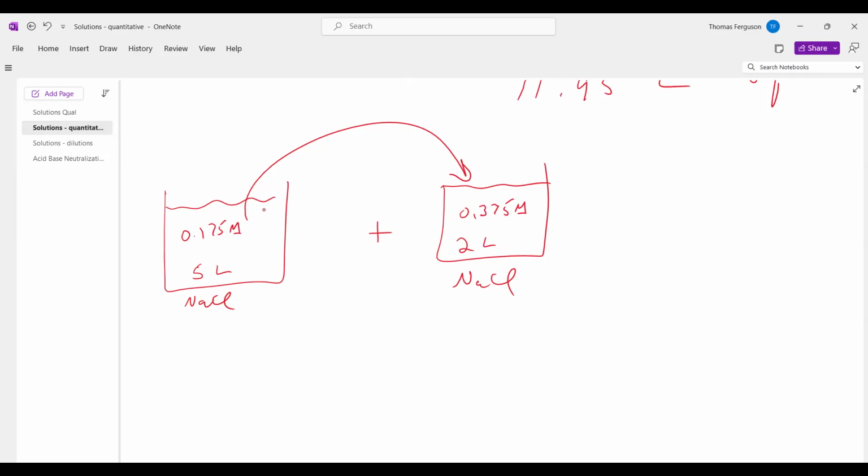I'm going to dump those together. So to calculate concentration, we need moles and liters. Moles per liter. Okay. What's our new volume? 5 plus 2. Right. 7 liters is our new volume.